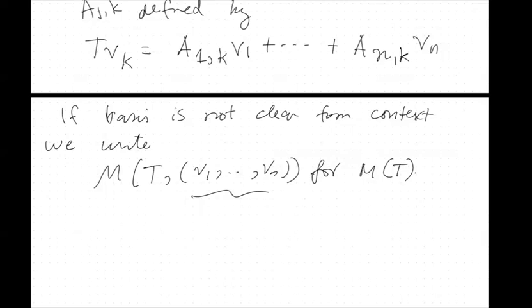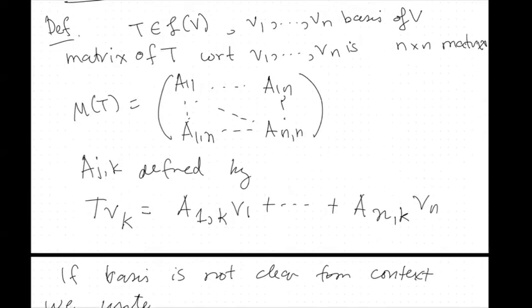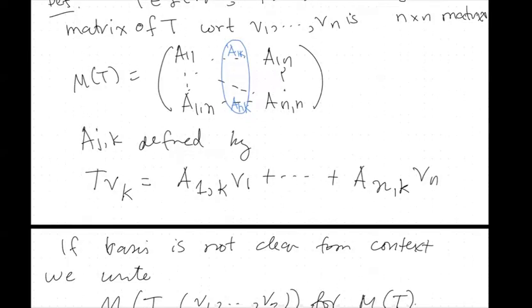Here the kth column, for example, a1k up to a_nk, is given by the linear combination of v1 to vn.